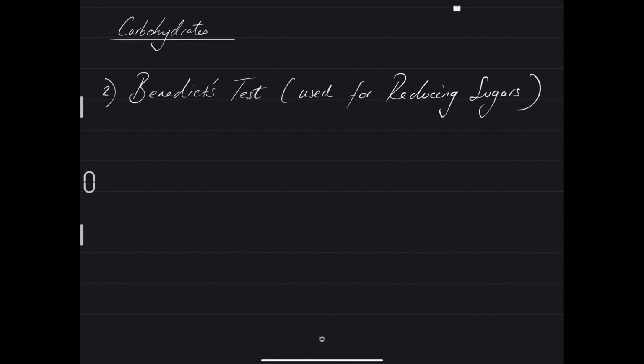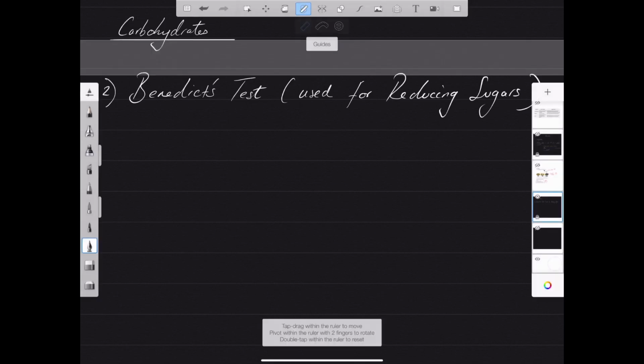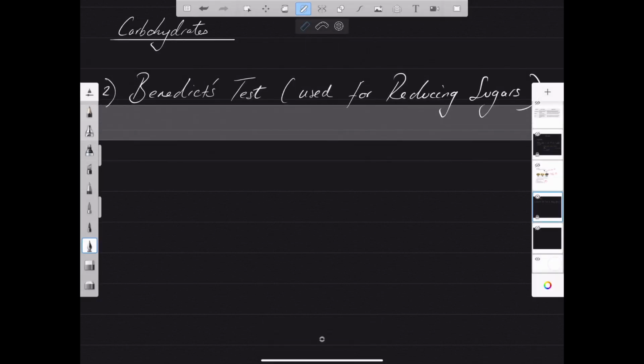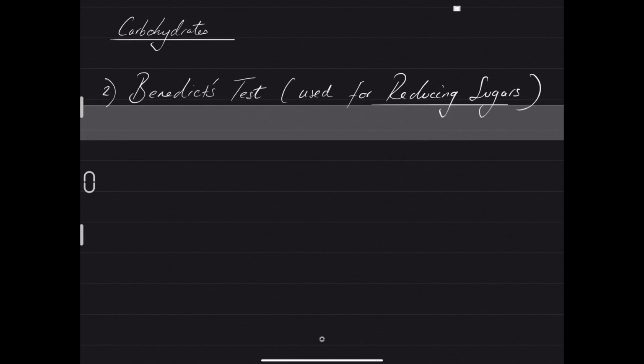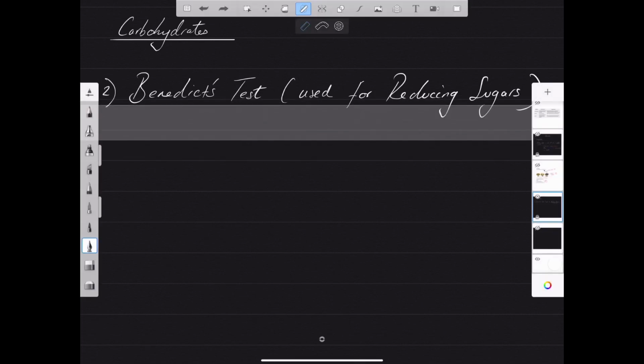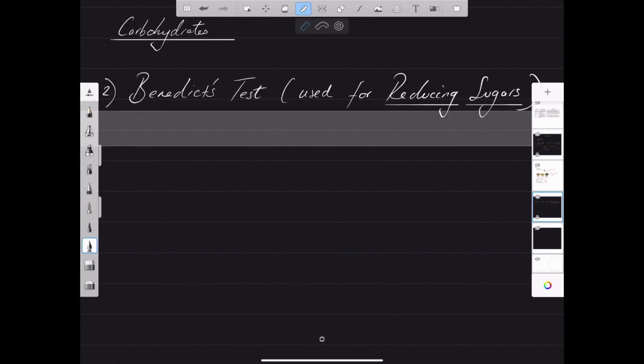Okay, so can you just take that down? That this is the Benedict's test. It's the second test for carbohydrates that we need to know, and it's used for reducing sugars.